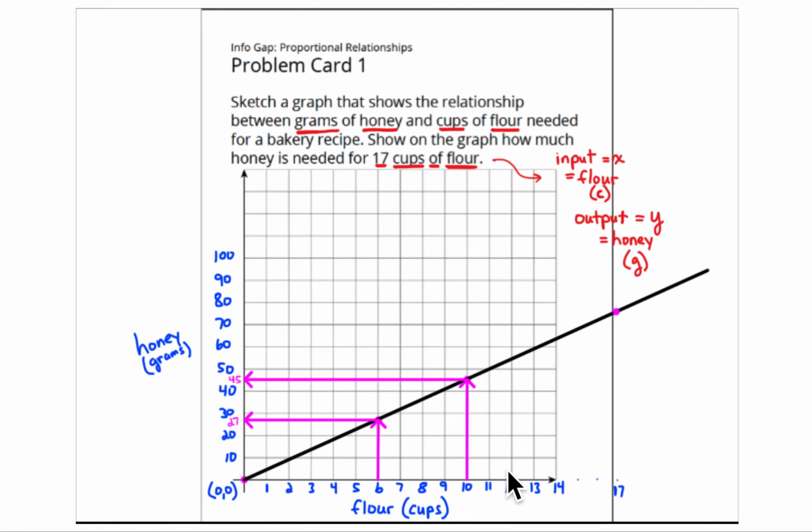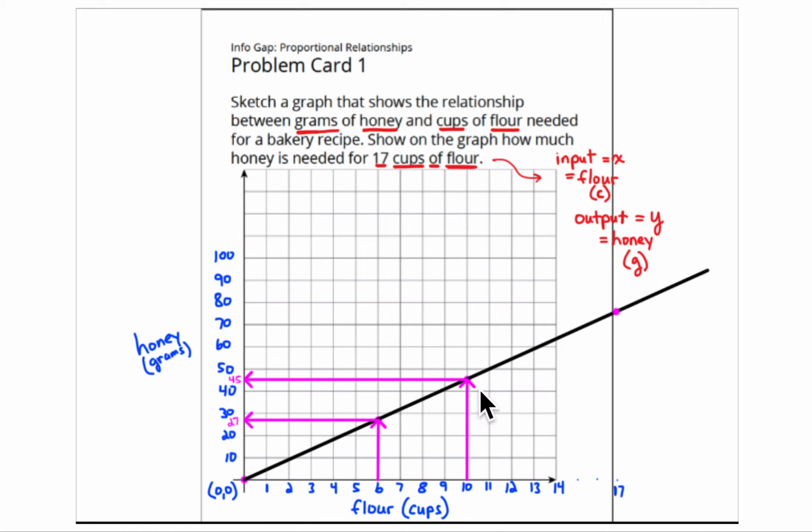All right, so if you go to 10, go out to 10 cups of flour, and again, I would go to halfway. This makes your life a little bit easier because it's halfway in between 40 and 50, and I draw the arrow this way, and where they intersect, I place the point. And you also know it goes through 0, 0. And then you can connect these 2 points.